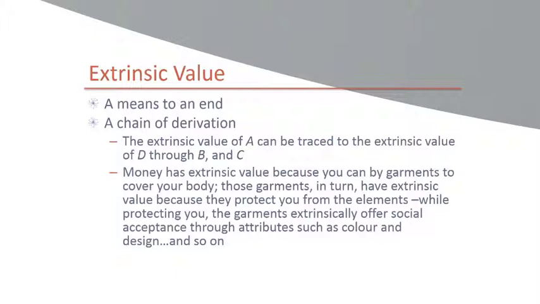Those garments in turn have extrinsic value because they protect you from the elements. And while they're protecting you, they offer social acceptance because you're wearing cool colors, cool designs, what's trendy. It allows you to be accepted into a subculture. You can be a goth, whatever the case may be. So there's extrinsic value there.